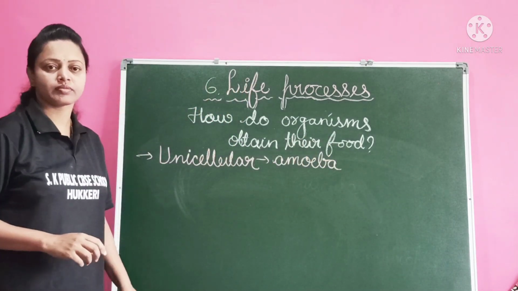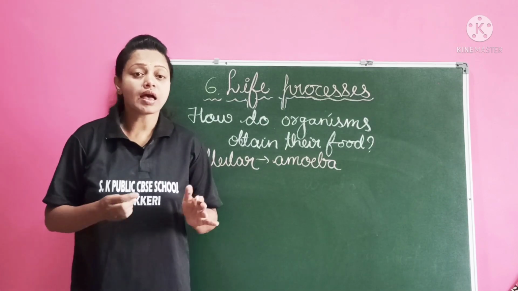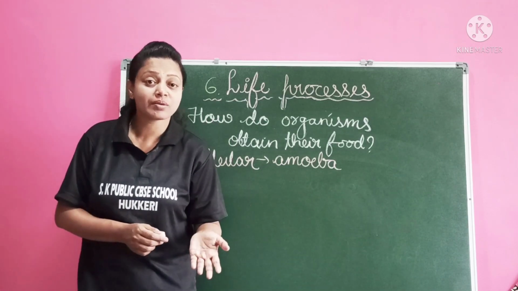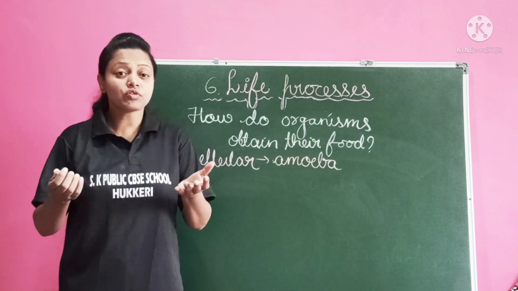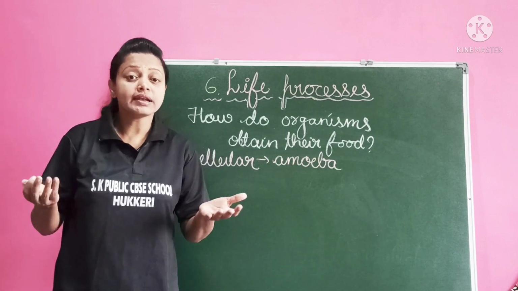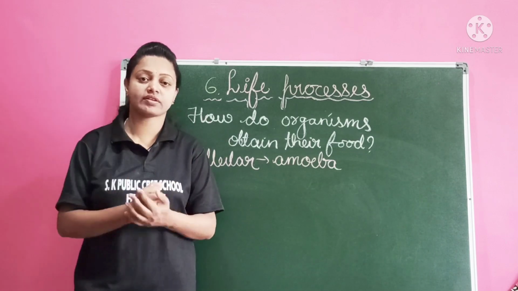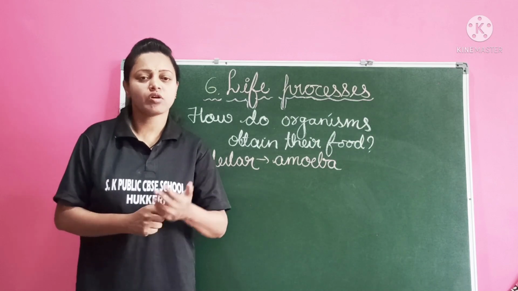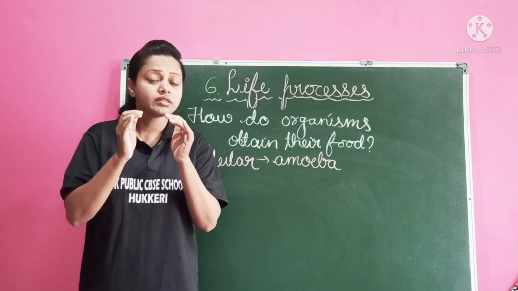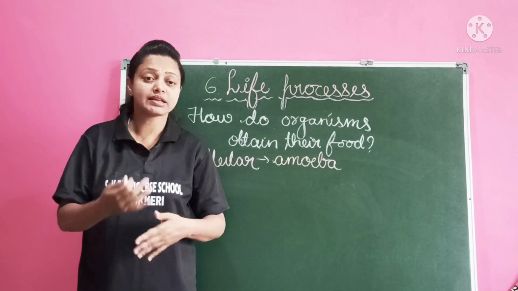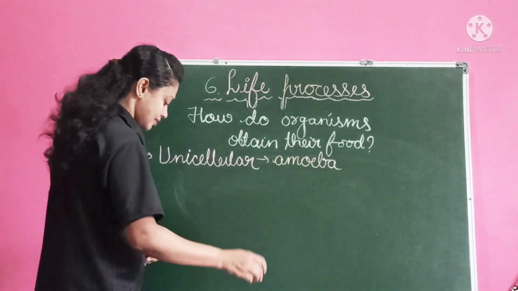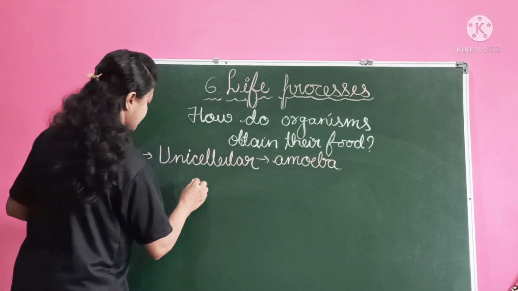Example, let's take amoeba. Dear students, in amoeba and paramecium, food is taken in through their entire outer body surface. You have already studied in 7th how the amoeba's nutrition method works. Now, let me explain.